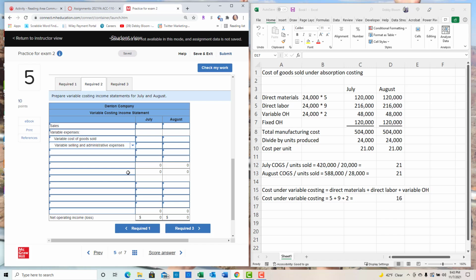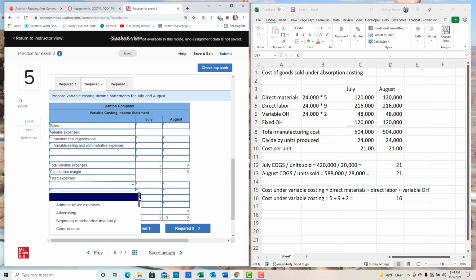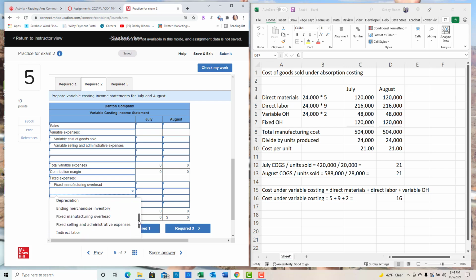After we calculate our total variable expenses, we're going to calculate our contribution margin. So that is going to be our sales minus our variable expenses, which equals our contribution margin. After our contribution margin, we're going to subtract our fixed expenses. We have 2 fixed expenses, our fixed manufacturing overhead and our fixed selling and administrative, excuse me.